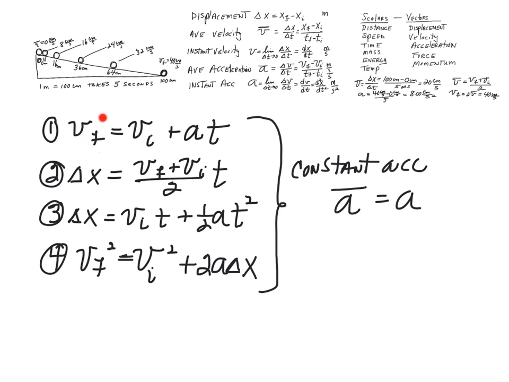So if we take v final minus v initial divided by a and substitute it here for the time, and then do the algebra of this equation, you'll end up with this one. If you like doing algebra, try doing that. So these are our kinematics equations. I'll refer to them by numbers. And they're good in any situation where the acceleration is constant.